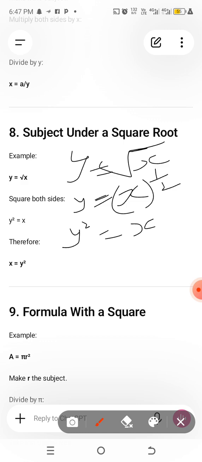But I will recommend you to use this one mostly. So if you see a question like y equal to square root of x, you know that the answer is y square equal to x.